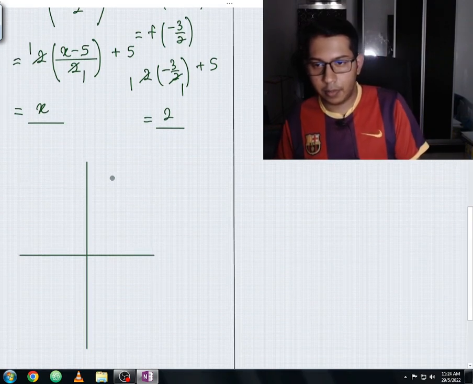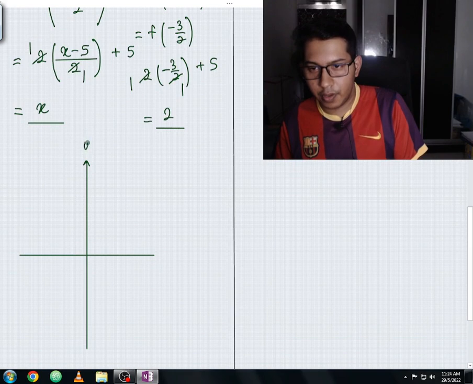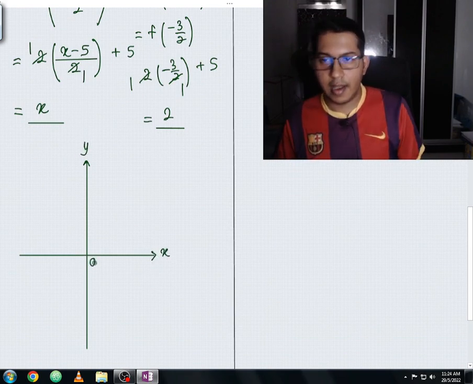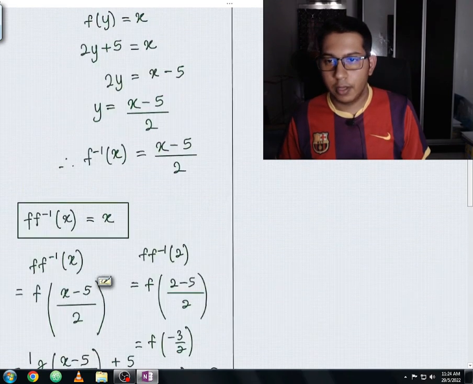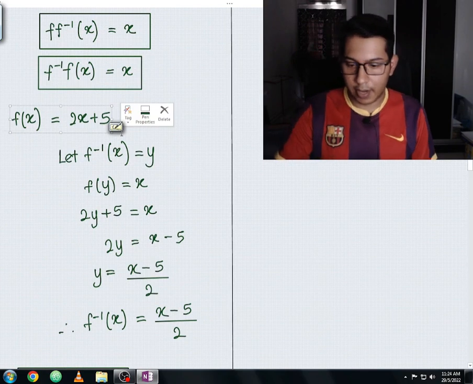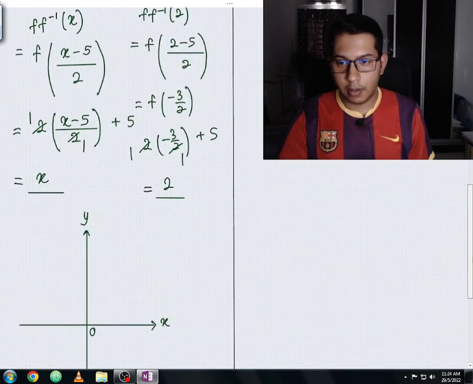So now what I'm going to do is, using the fx and f inverse, I'm going to sketch a graph. So from here you get our fx is 2x plus 5, right? So let me just copy and paste over here.